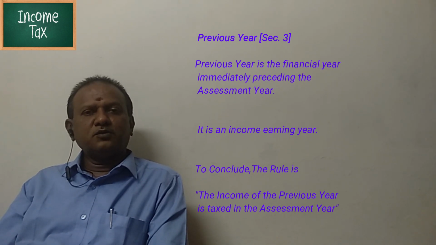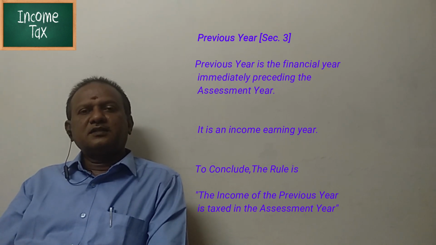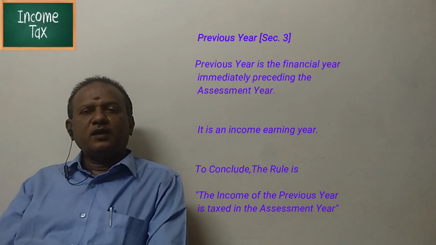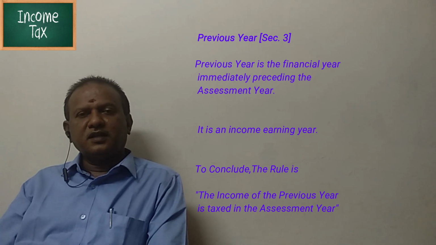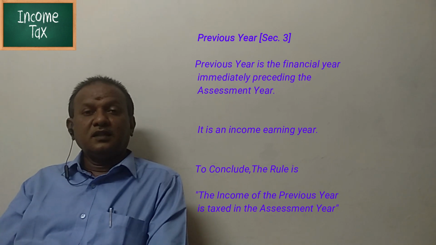For the previous year 2018-19, the assessment year is 2019-20. So now we clearly understand what is the assessment year and what is the previous year. The assessment year is the period starting from 1st April and ending on 31st March of the next year. The previous year is a financial year immediately preceding the assessment year.